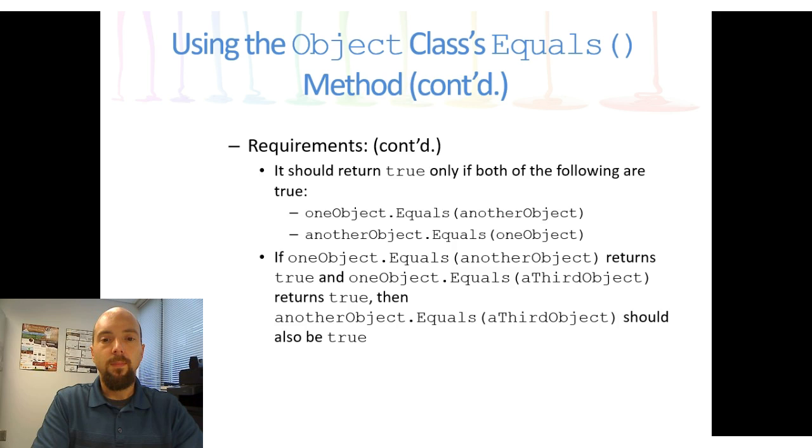So it will only return a true if the objects actually are equal to each other. If I have an object that is an employee and another object that's a commission employee, and both have the same attributes and the same methods, then it will return a true. But if they have different methods or different attributes, then it will return a false.